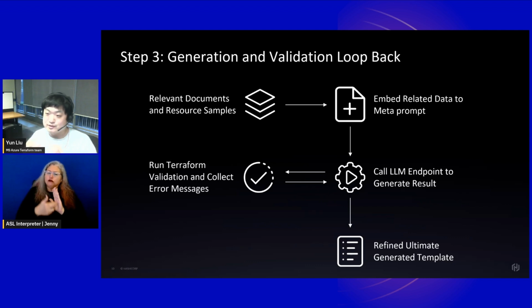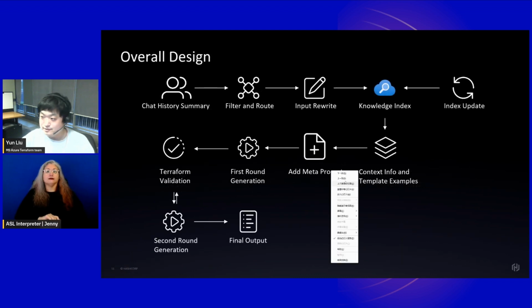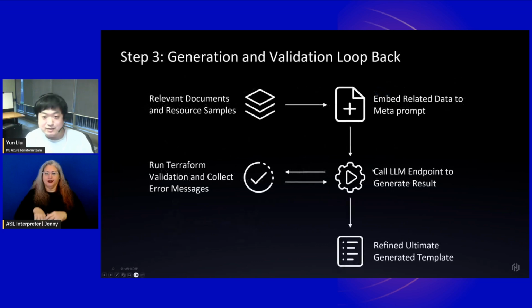We also enrich this with the relevant documentation and resource samples. After that, we do the first round of generation by calling the LLM to generate the result. After we retrieve the first result, we go into the validation step.